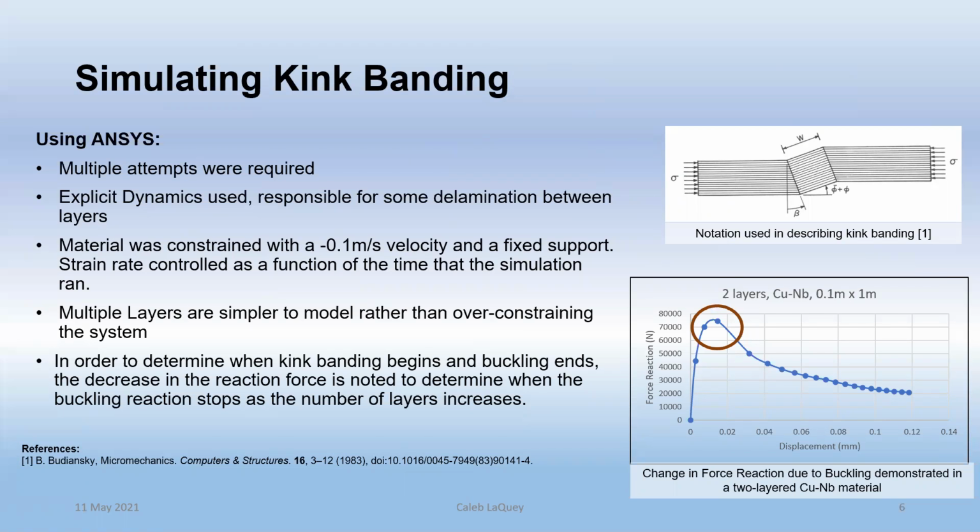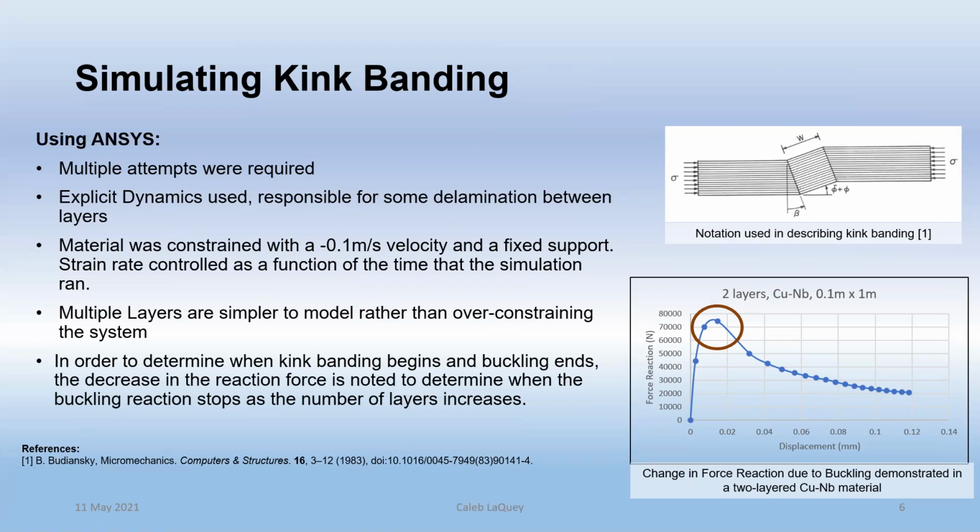The material was constrained with a -0.1 meter per second velocity and a fixed support. Those were the boundary conditions used. And the reason why we chose to use copper and niobium was because multiple layers of copper and niobium are simple to model rather than over constraining the system by adding in constraints, lateral force constraints or lateral fixed structural constraints.